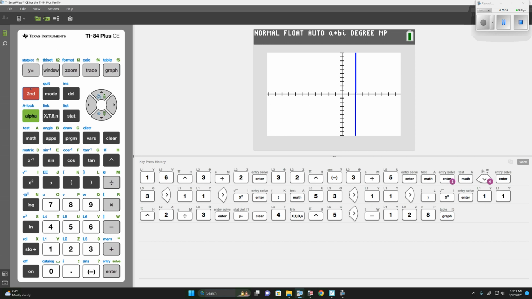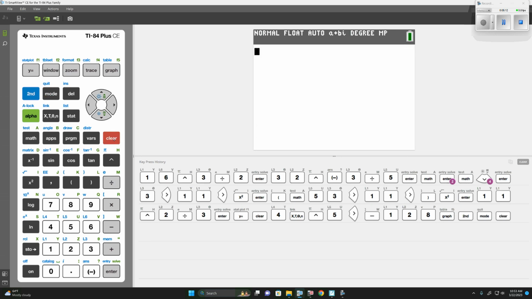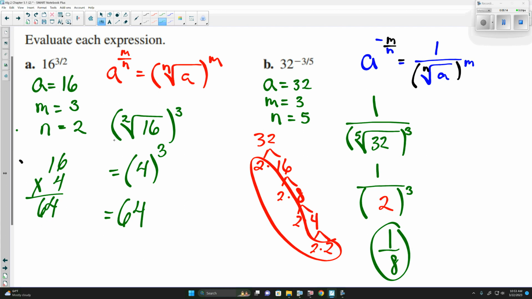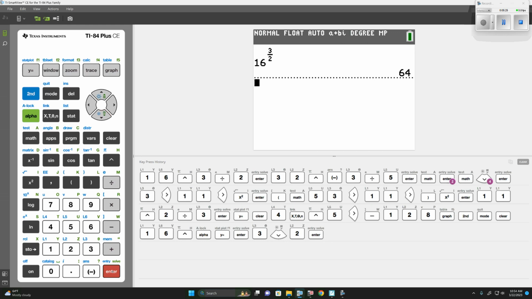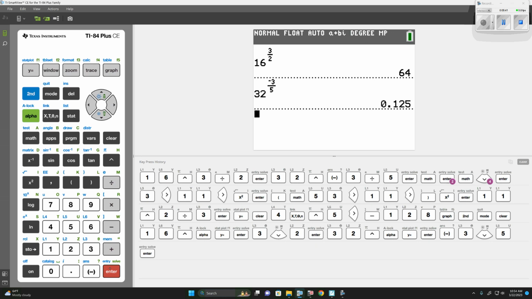Now for these, because we do have nice numbers, we can do these in a calculator. If we look at the first one, 16 to the 3/2, in the calculator we can do 16 to the 3/2, and it'll tell us that it is 64. We could also do 32 to the negative 3/5.